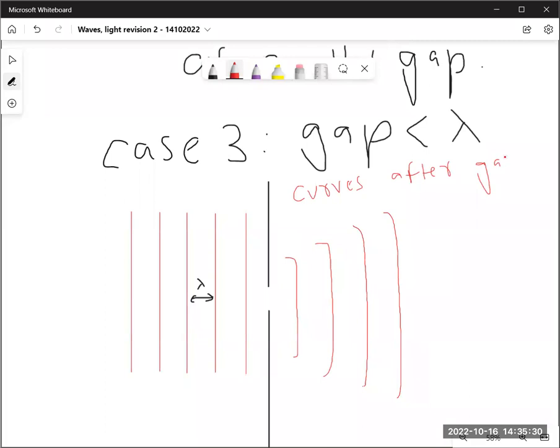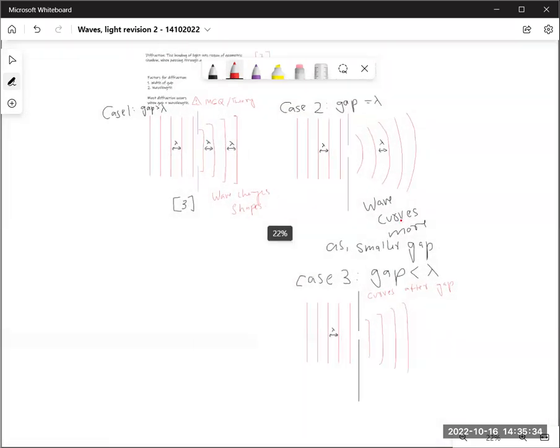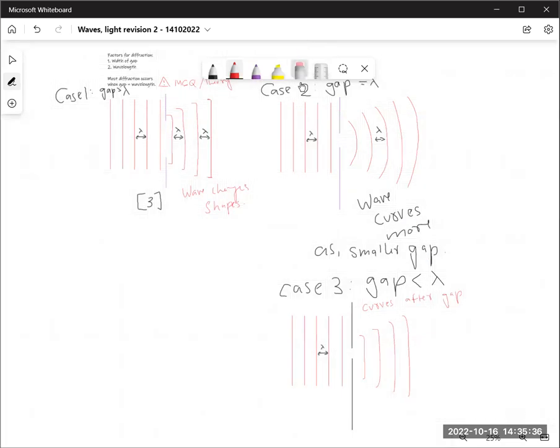Yes. Like imagine, I'll show you a physical picture in a second. But let's just say less curving right here. Over here, the wave curves most, the case where lambda is equal to gap.